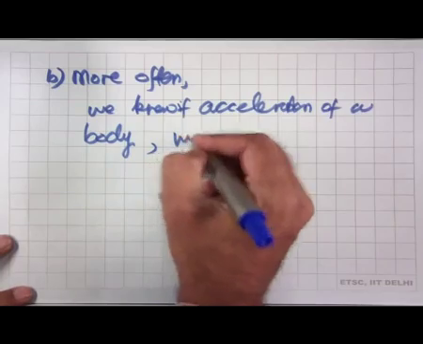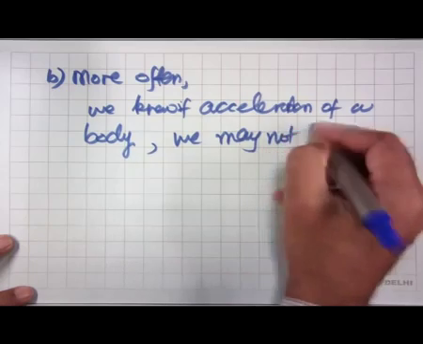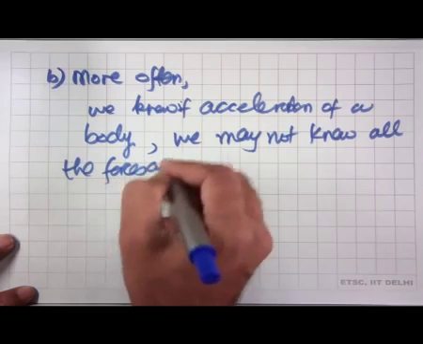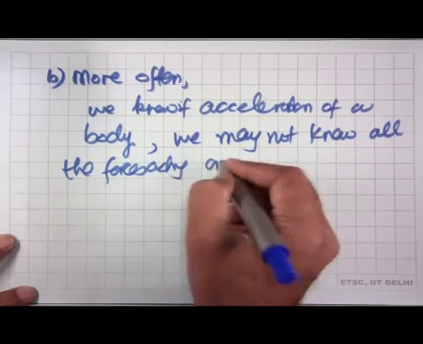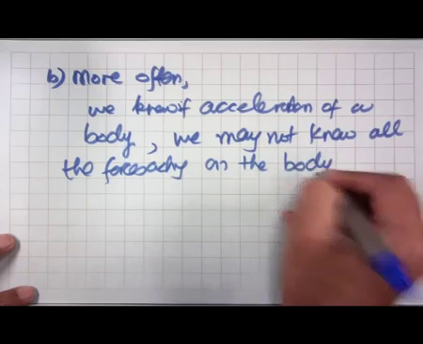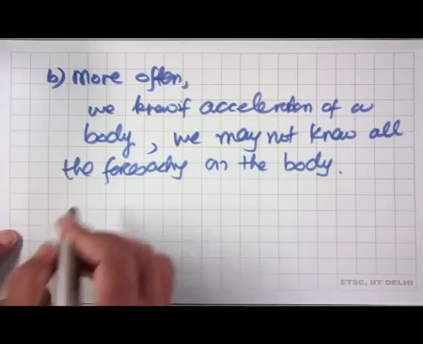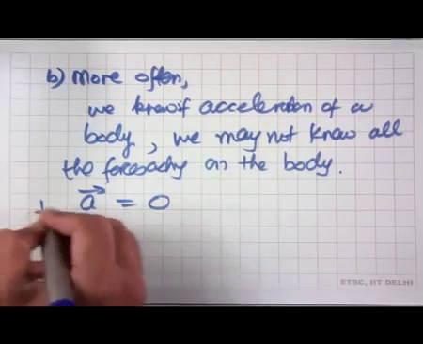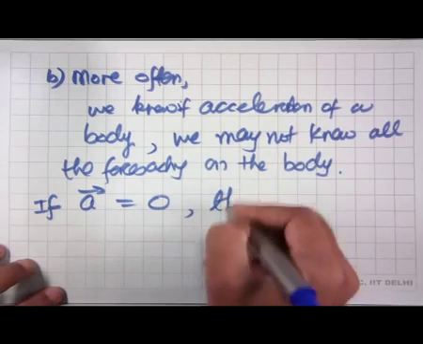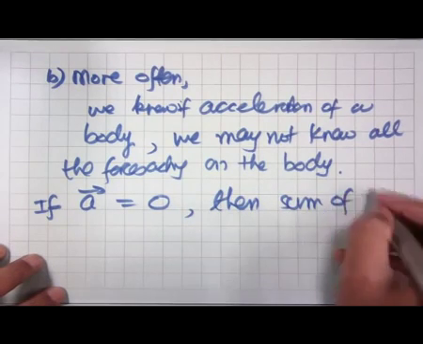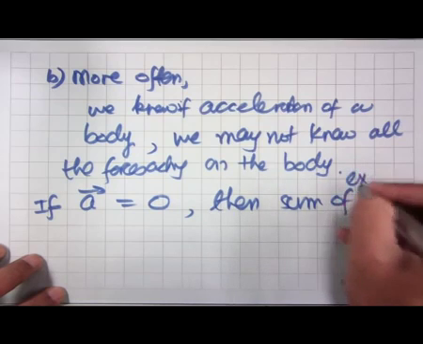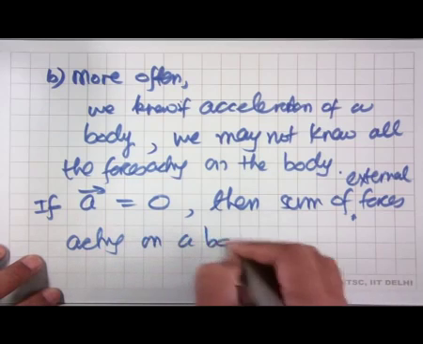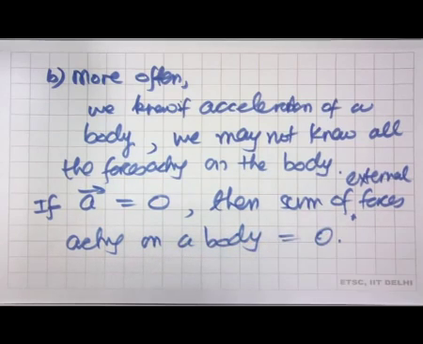And we may not know all the forces acting on the body. So, in such a case, what we can say from the first law is that if acceleration is 0, then the sum of external forces acting on a body has to be 0.